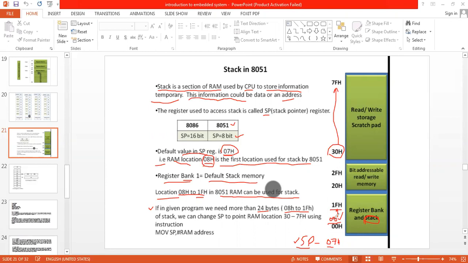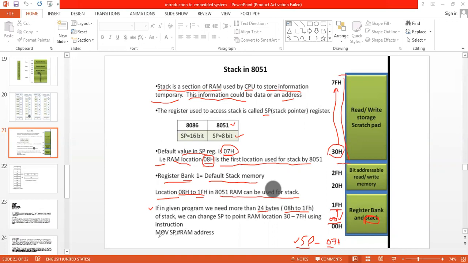So in total, 32 plus 8, 40 bytes, up to here, and from 40 to 80 it is 88 bytes. So an extra 88 bytes can be used for stack also.